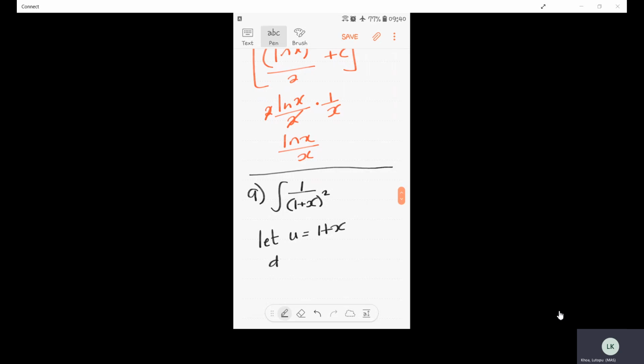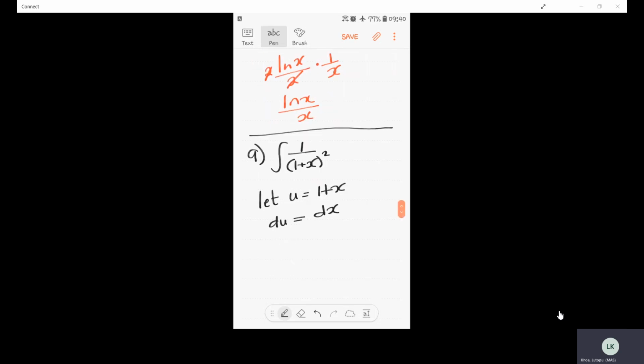Then this means that du is equal to dx, because when you differentiate that, you'll have 1 dx, which is just dx, and then you substitute. So what you're integrating is 1 over u squared, and then you multiply this by du.